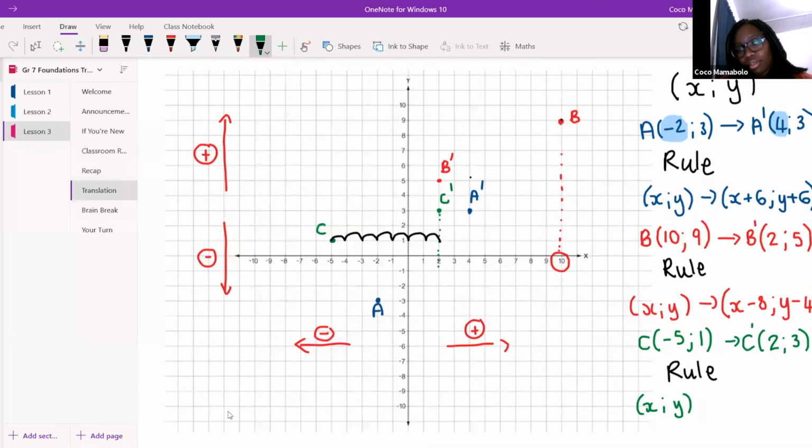Plus. Good. So our new rule is going to say X. Finish the rule for me. X plus 7. Excellent. And then semicolon, right? Yes, ma'am. Okay, now let's go fetch our Y.